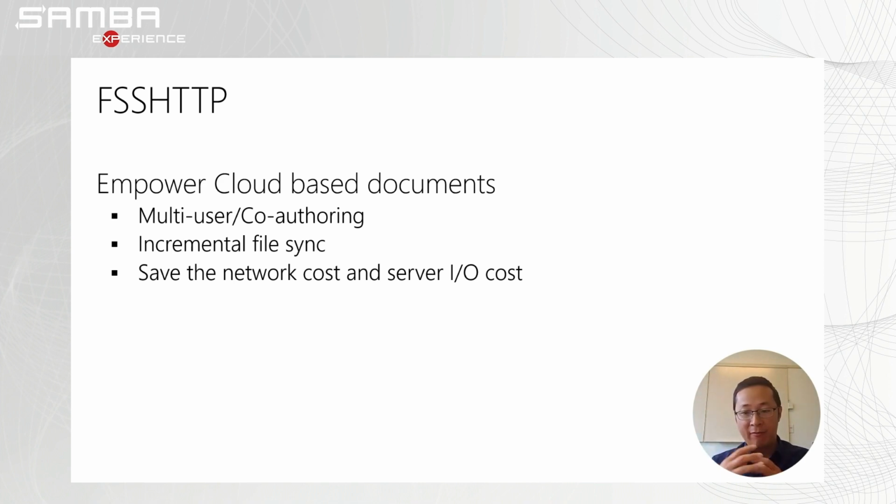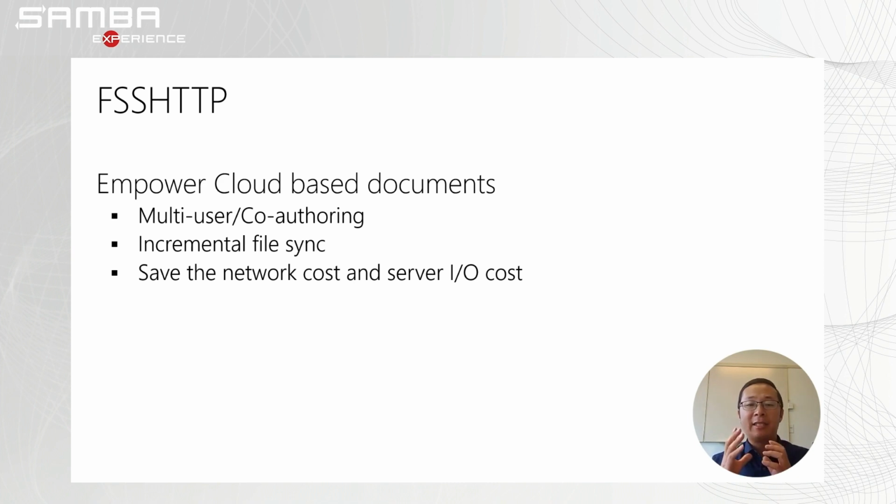The 700 megabits of content needs to be put back into the cloud storage, even if the change is a small character, if we don't support the incremental file sync.